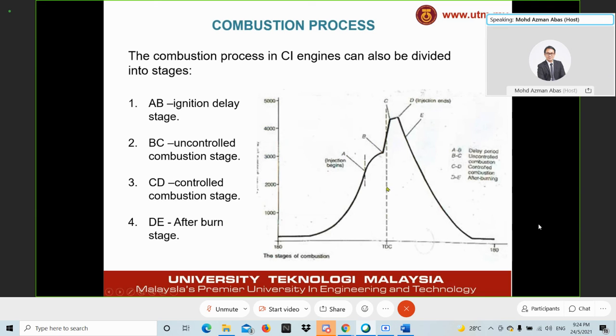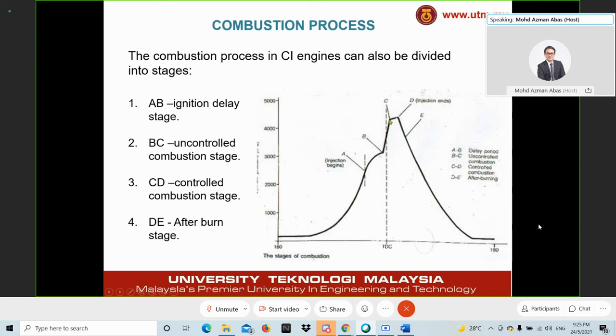So here you can see that A is where the fuel injection starts to initiate. A and B is the initial delay. As it passes B, pressure significantly increases towards C, and C is the uncontrolled combustion stage. But between C and D, fuel continues to be injected.